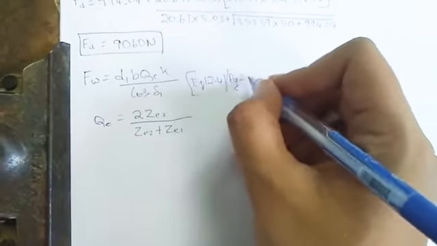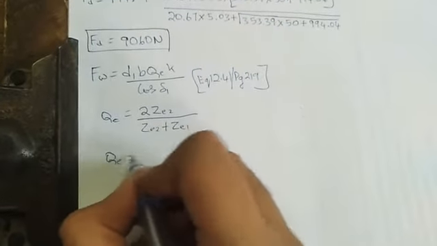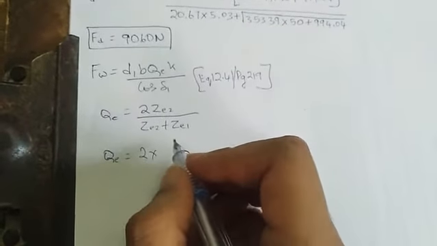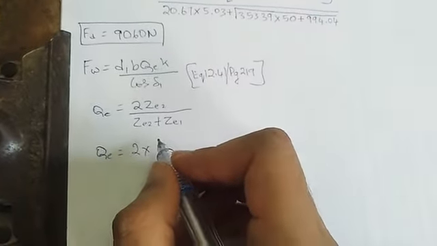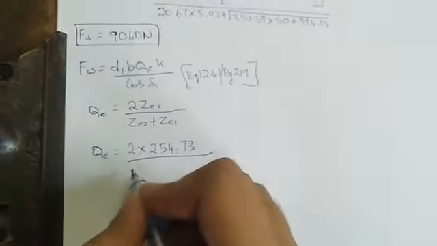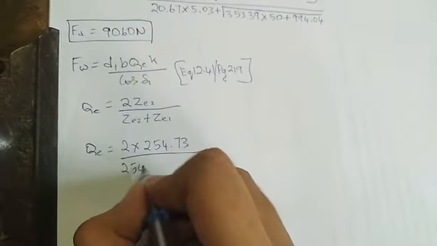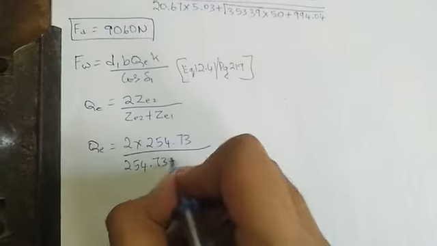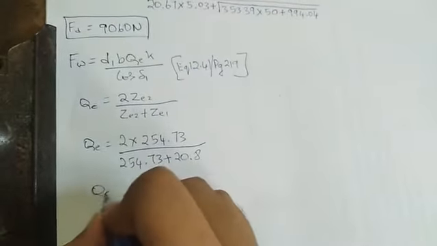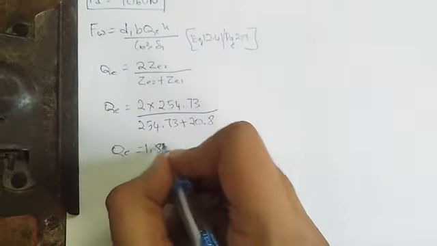First we'll find Qe: 2 Ze2, Ze2 is 254.73, by Ze2 plus Ze1, 254.73 plus 20.8. So Qe I get as 1.85.